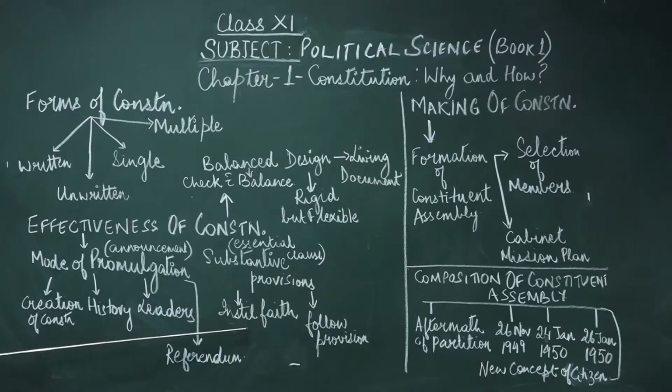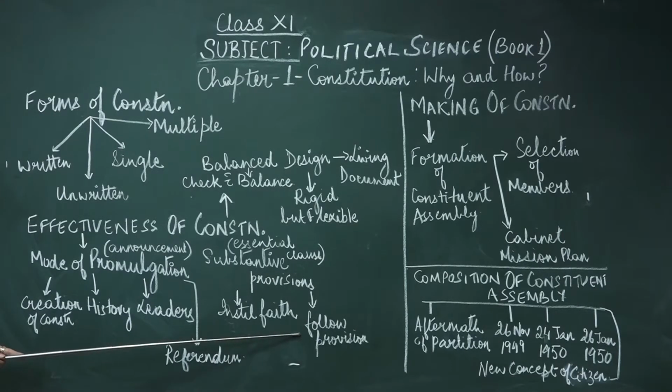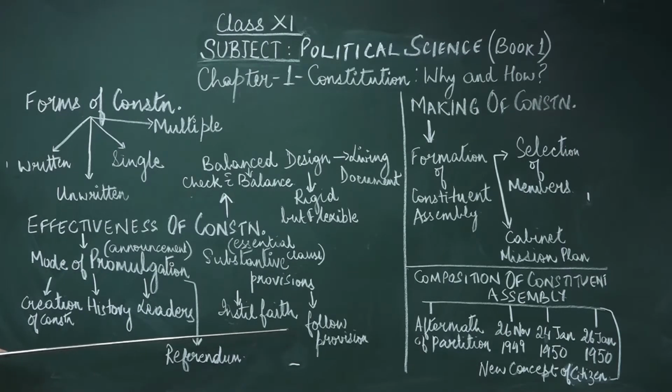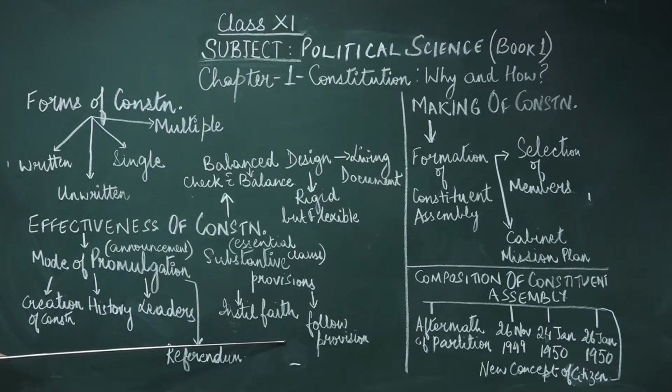It was important to convince people that it provides a framework for pursuing basic justice. The more a constitution preserves the freedom and equality of all its members, the more likely it is to succeed. Third point is balanced institutional design.